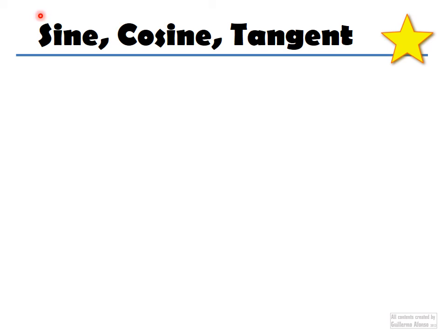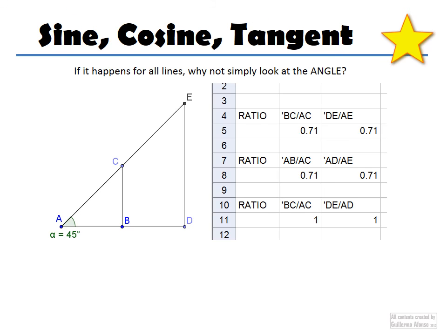The sine, the cosine, and the tangent are exactly the result of what we just talked about. So, for example, I don't really need to look at anything else but the angle. You see, if I want to calculate what this side divided by this side gives me, well, I know it's the same thing as this side divided by this side because of Thales theorem. And the only thing that makes it change is the angle.